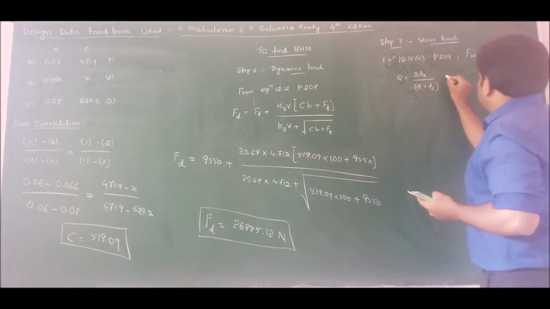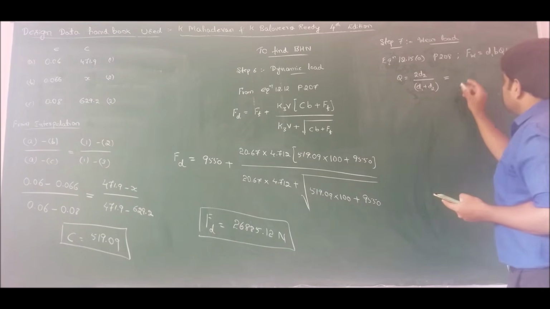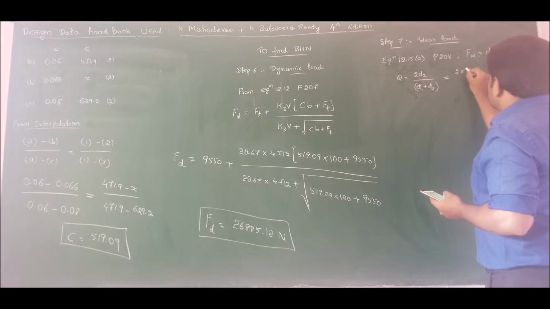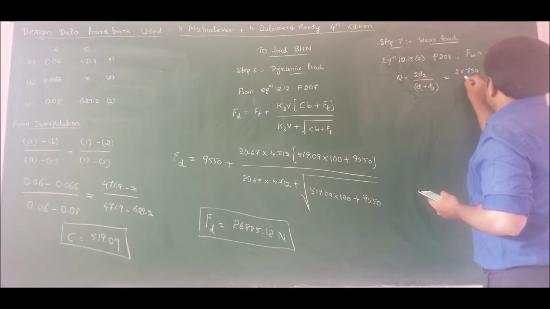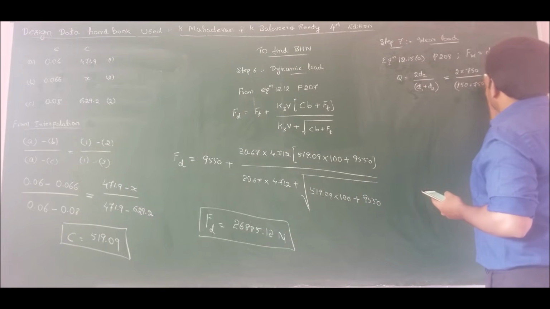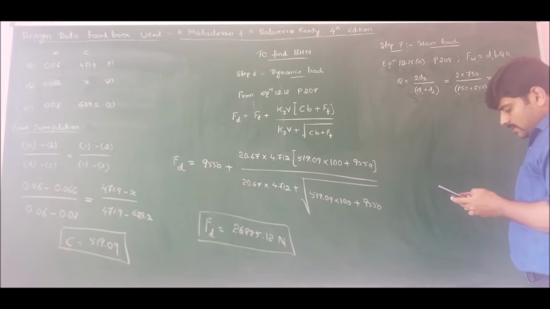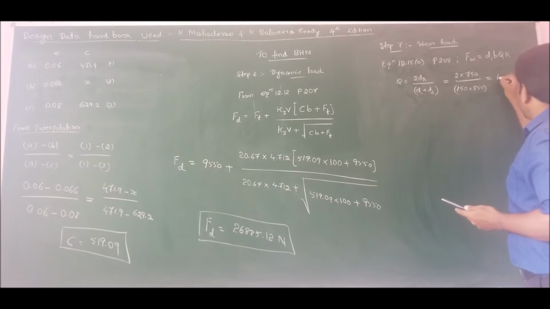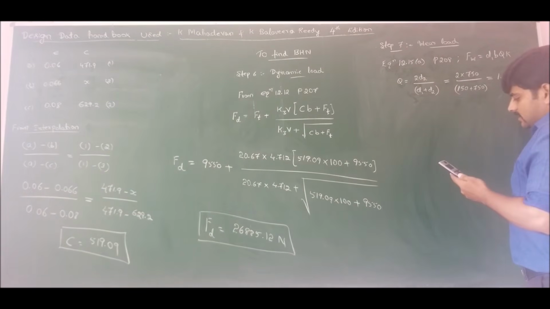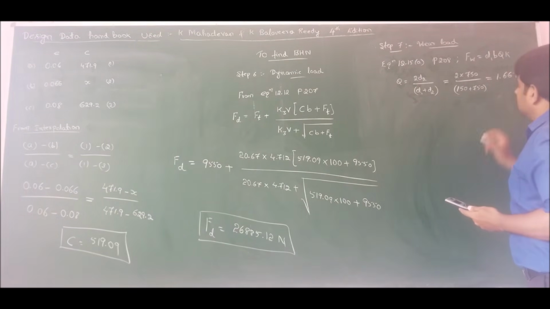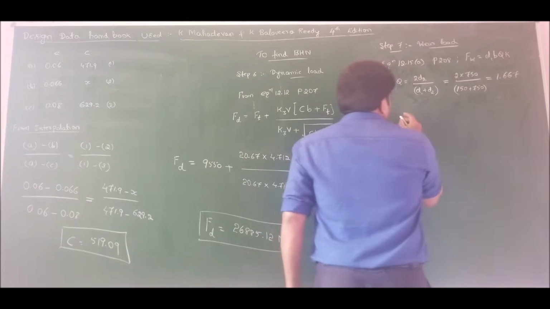Now Q will become 2 times 750 mm divided by 150 plus 750, which yields the value of Q as 1.667.